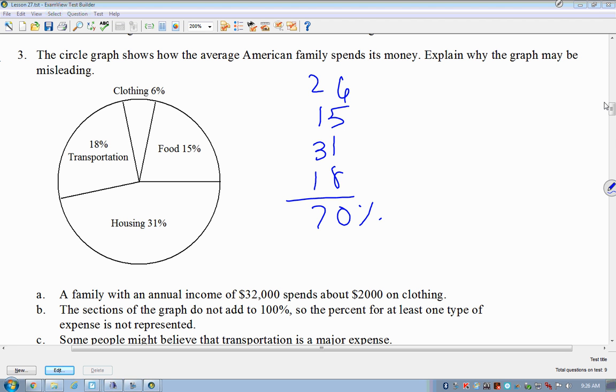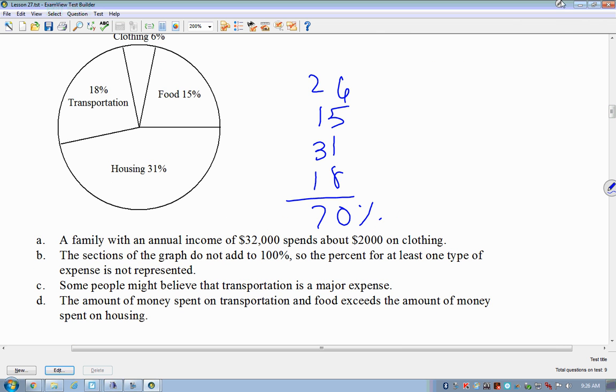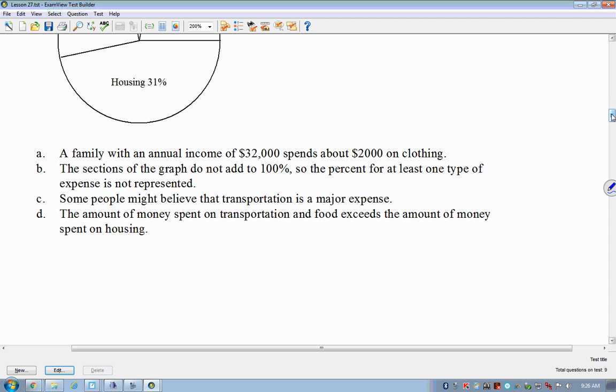So is A the part of this that's misleading? No? Okay. You think it's B? Okay. The sections of the graph do not add up to 100%, so the percent for at least one type of expense is not represented.